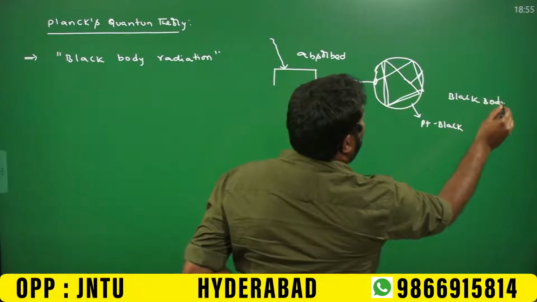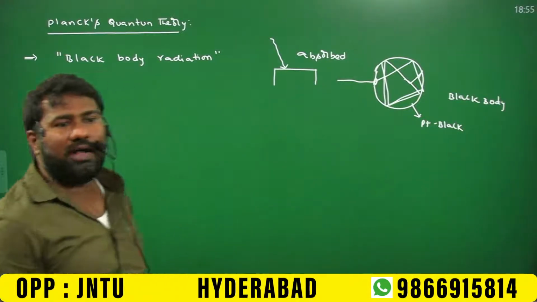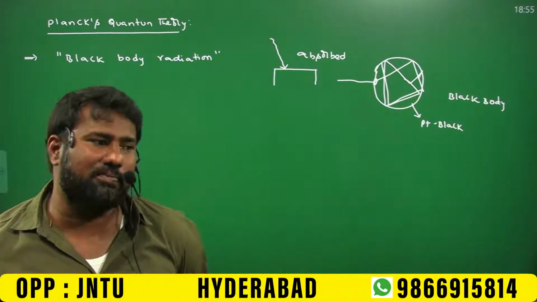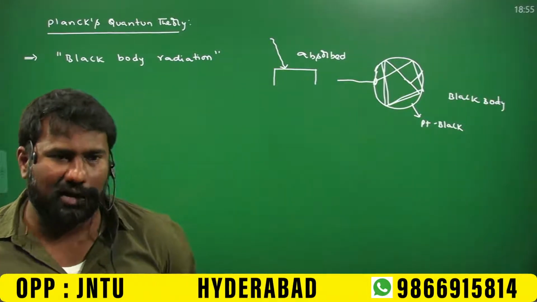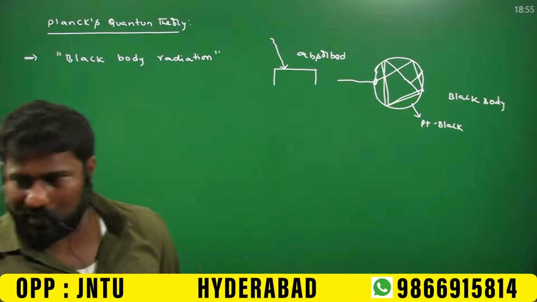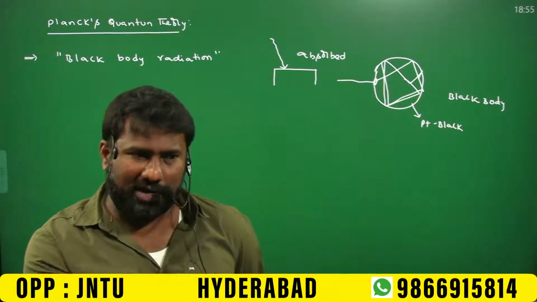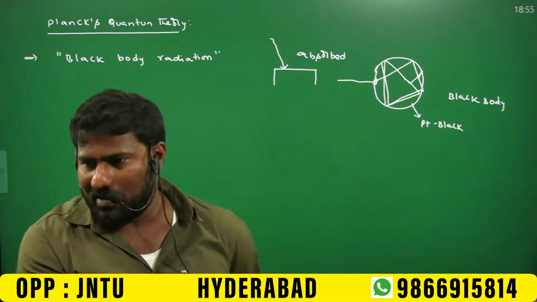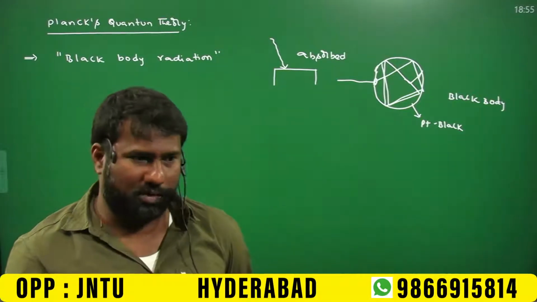After absorption of the radiation, the body is going to emit the radiation back. The same thing we did: for example, first we introduced an iron rod into the flame. Initially some radiation is absorbed.